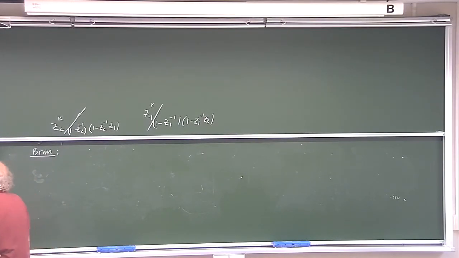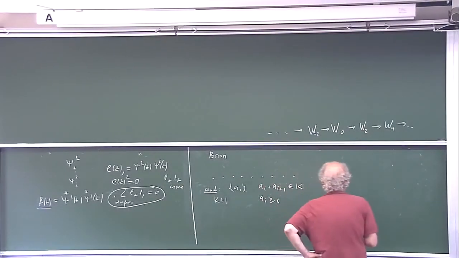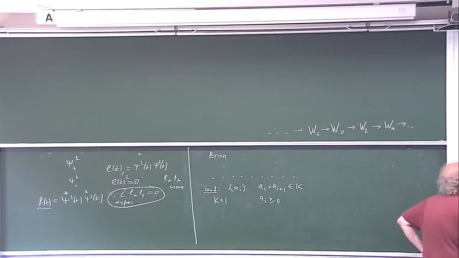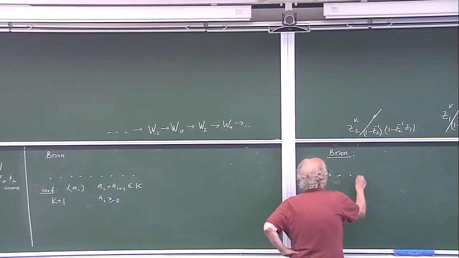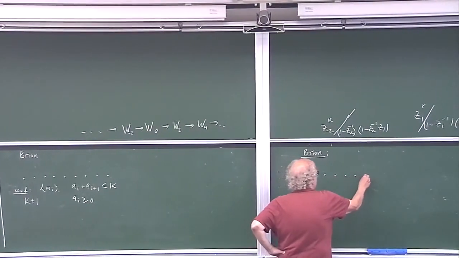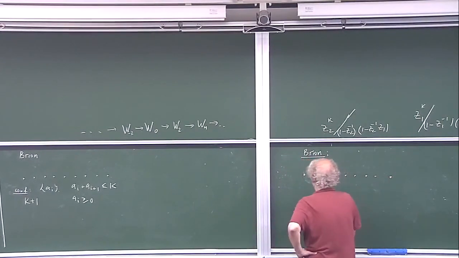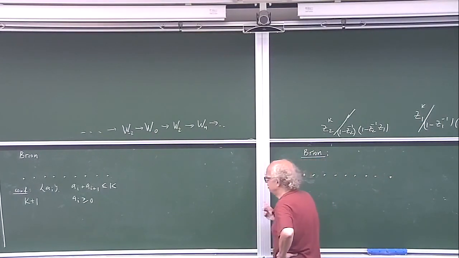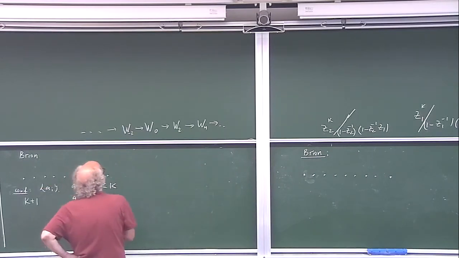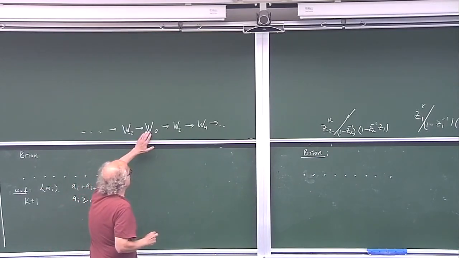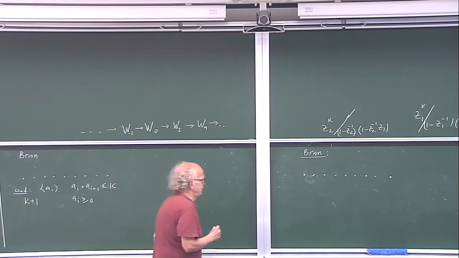Suppose it is something like this, but it will be easier for me to consider the following polytope. First of all, let me forget about this tail. I want to work with something like this space.